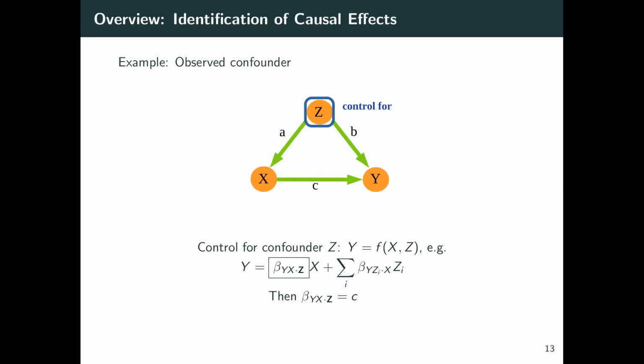So you would fit a function of y on x and z. And if you make a linear assumption again, then this would be a linear regression model, y with a beta coefficient times x plus other beta coefficients for one or more z variables. And then this beta coefficient, if you use this regression model with this variable z here, is the same as the causal coefficient. And this exactly means identification.